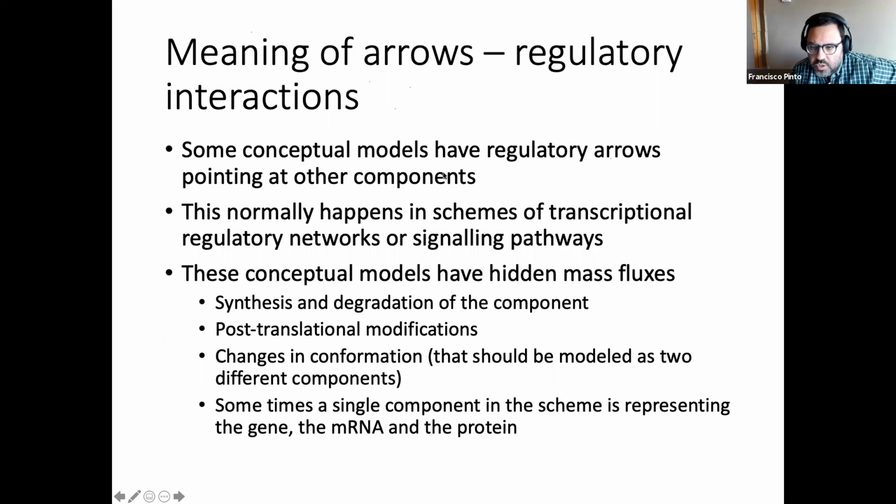So some conceptual models have regulatory arrows between components, and that means that regulation is influencing either the synthesis or the degradation of the end component of the arrow. And normally when this happens it is because we are looking at conceptual schemes of transcription regulatory networks or signaling pathways, and not of, for example, metabolic pathways.